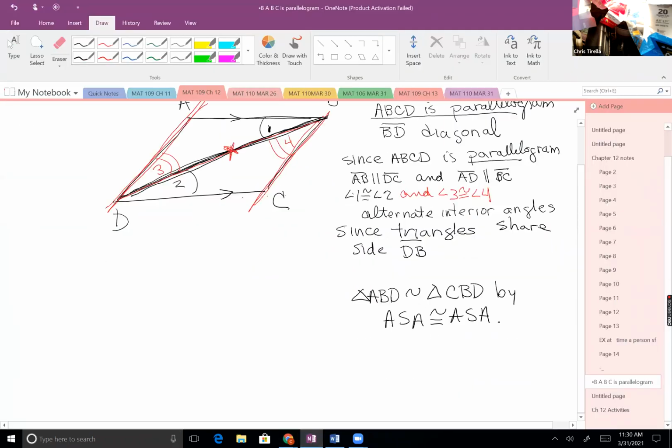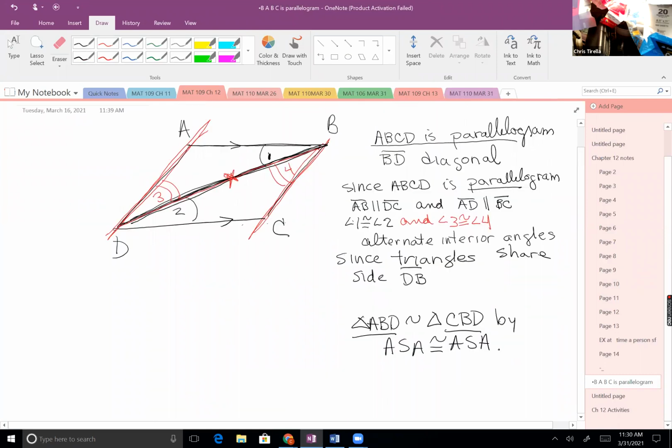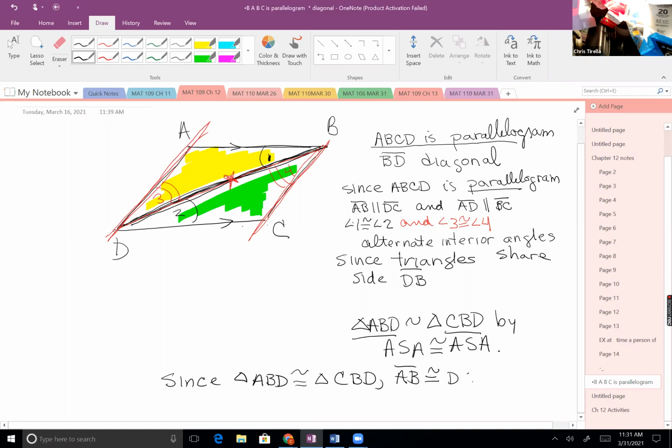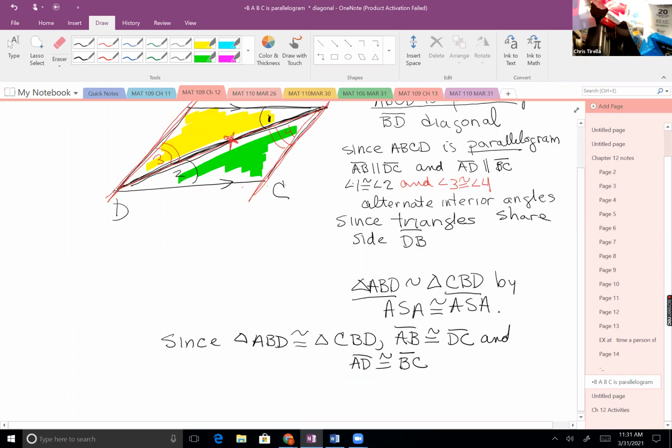Well, if triangle ABD is congruent to triangle CBD, if these two triangles, I'll use my highlighter, the yellow one and the green one are congruent, wouldn't that mean that since triangle ABD is congruent to triangle CBD, AB would have to be congruent to DC and AD would have to be congruent to BC because they're parts of the congruent triangles?